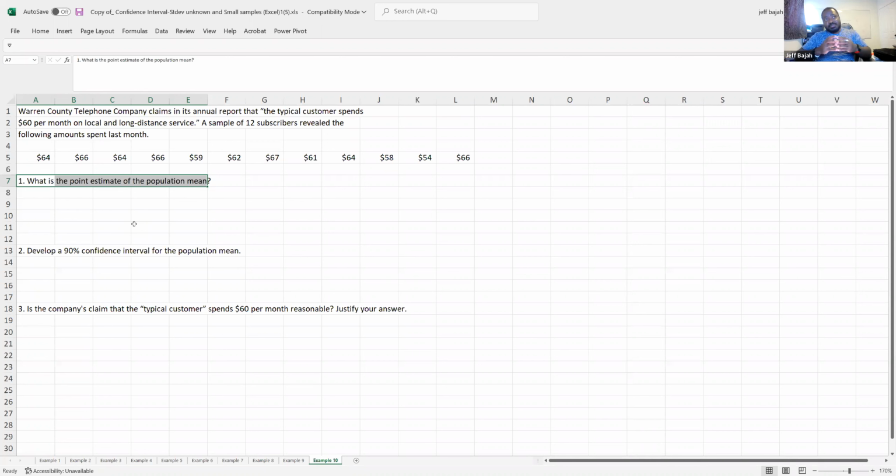It's a description, a value that describes the sample, but it helps give you an idea of what the population parameter is, which is the population mean.